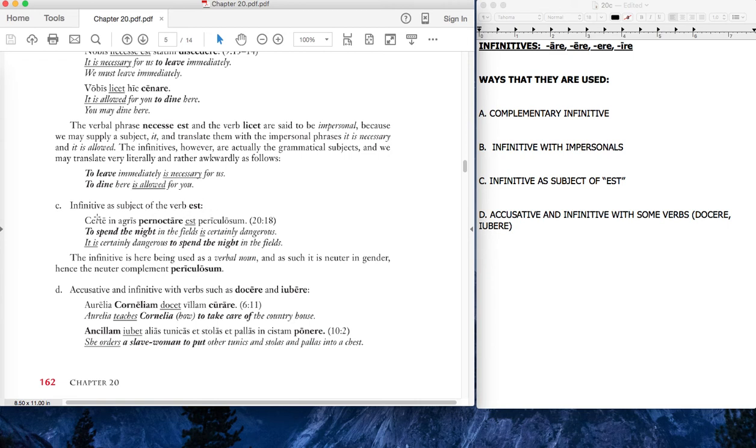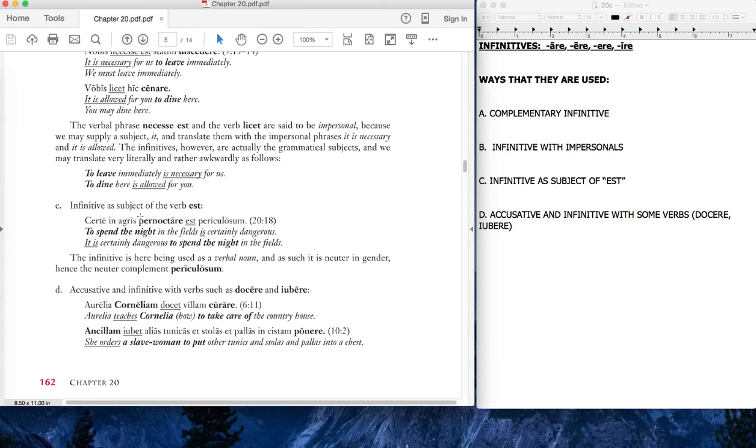So let's look at the example here. To spend the night in the fields is dangerous. So here, pernoctare is the infinitive, and it's actually functioning like the subject of the sentence. Typically, a person or a thing, or a noun at least, would be a subject of the sentence, as in Cornelia is a girl, Cornelia is a person, right?